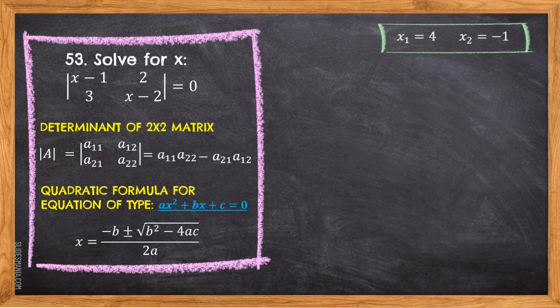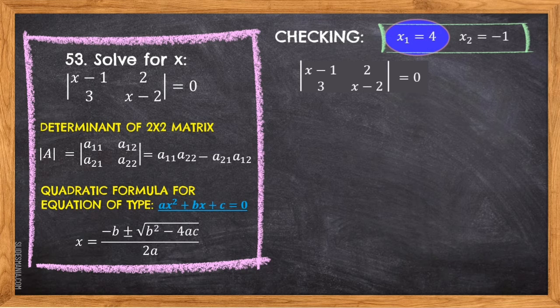So let's have a checking. Using the given determinant |x minus 1, 2; 3, x minus 2| is equal to 0, substitute the value of x sub 1, which is equal to 4: |4 minus 1, 2; 3, 4 minus 2| is equal to 0. 4 minus 1 is equal to 3 and 4 minus 2 is equal to 2.